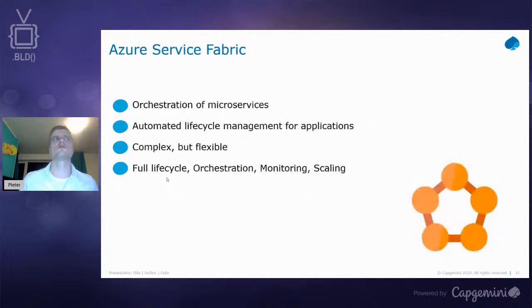The other one is the Azure Service Fabric. So this is essentially for the orchestration of microservices. I asked around a bit, and there's not a lot of people that actually use this, also because of the complexity. It's more towards big organizations which want to manage their entire microservice platform on one thing.